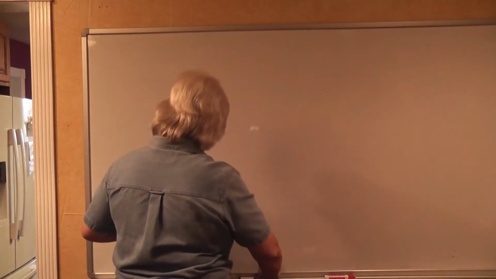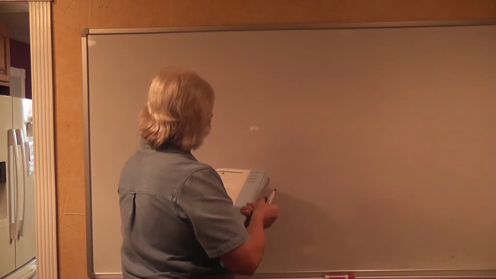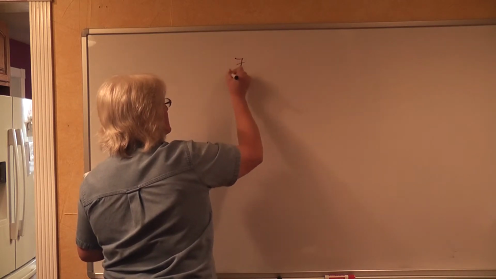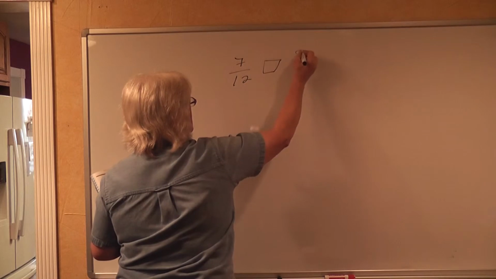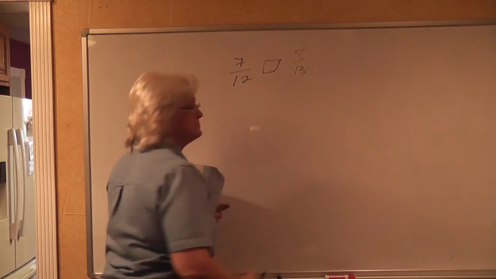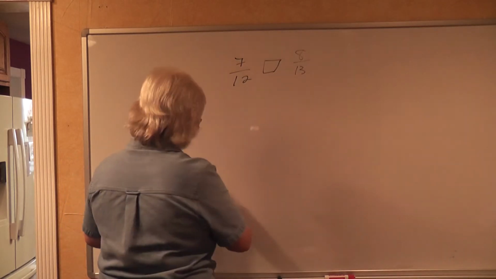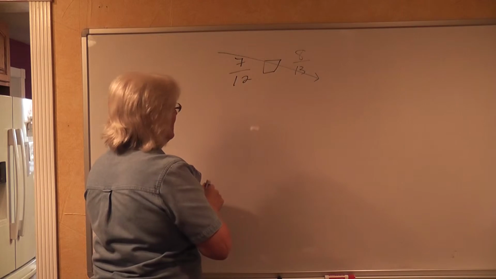We have 3 of them that we're going to do. We're going to compare 7/12 and 8/13. When you do cross products, you start in the upper right hand corner and you multiply that way.